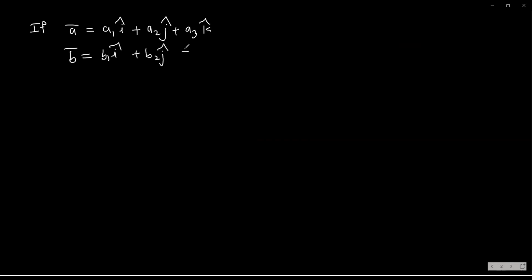Now, if a bar is a1 i cap plus a2 j cap plus a3 k cap, b bar is b1 i cap plus b2 j cap plus b3 k cap, and c bar is c1 i cap plus c2 j cap plus c3 k cap, then how do I write the box product a bar, b bar, c bar?